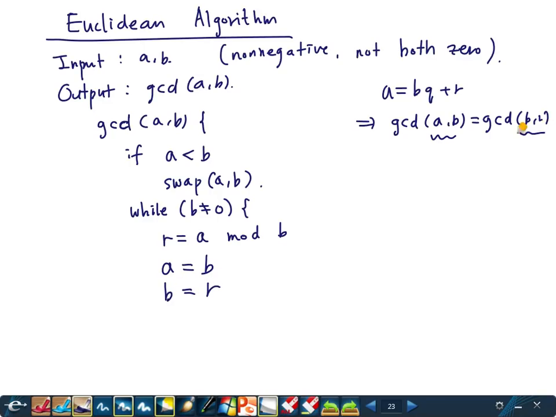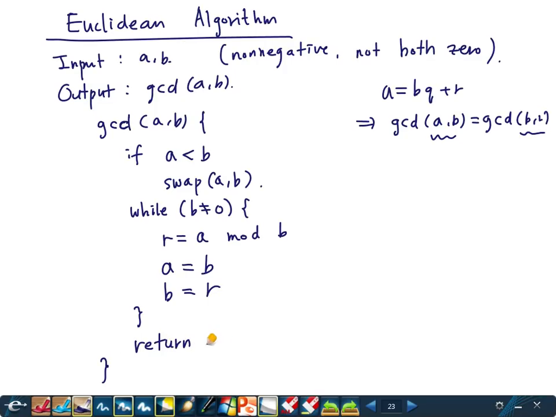And then we repeat. We repeat this until the second integer becomes 0. Because A is the first integer, B is the second integer, we do this until B is 0. What happens if B is 0? Let me write this and then return.